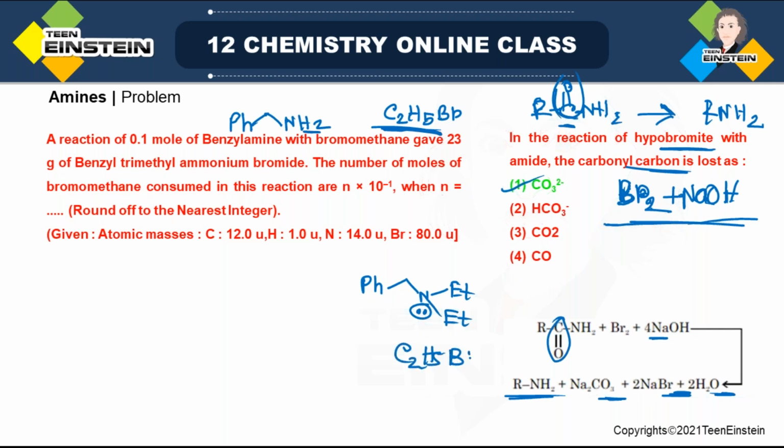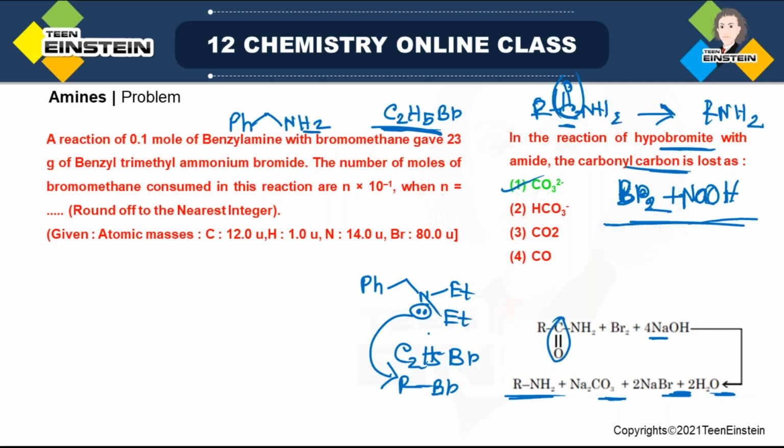So C2H5Br, or in general RBr, both are fine, can again attack. That means now R will be attached to N. In our case, R is Et. But when it is attached to N, it will be positively charged because there are 4 bonds surrounding nitrogen. Trivalency is the valency of nitrogen if it is neutral, but when it is 4, it will be positive.